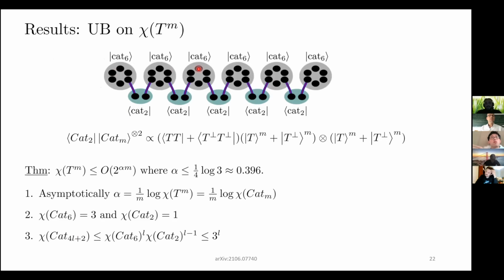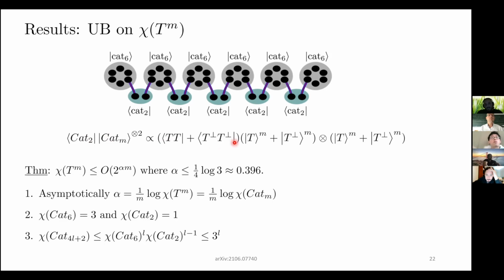Basically, here are your cat 6s, and you do a cat 2 that glues one of the 6 qubits here onto one of the 6 qubits here. And what do I mean by gluing? If we look at, say, an example where we have 2 copies of a cat M state, and we project onto a cat 2, where one of the qubits is going to act on the first copy of the cat M, and the other qubit is going to act on the second copy of the cat M. And so this is what it looks like.